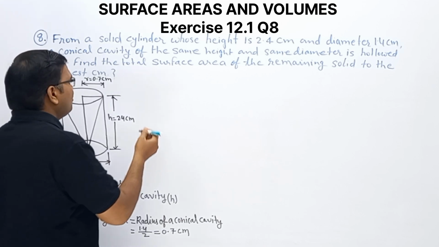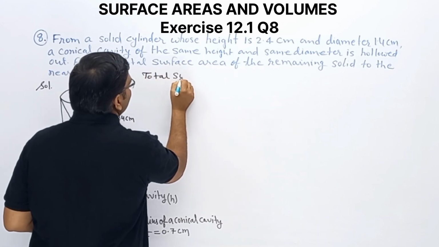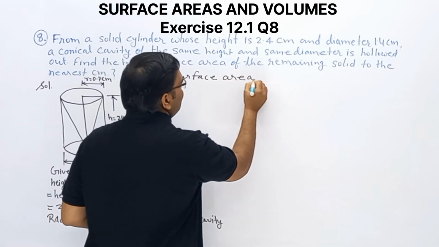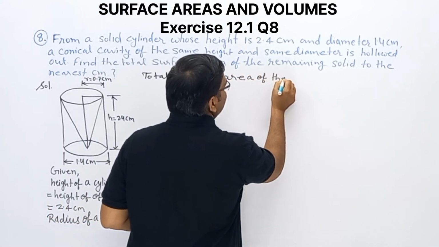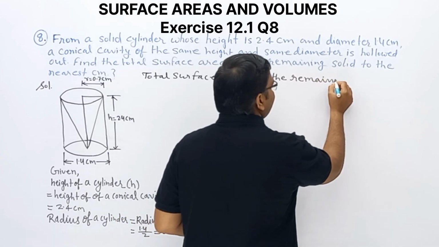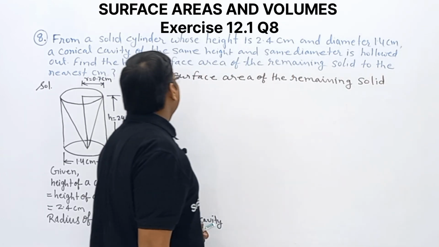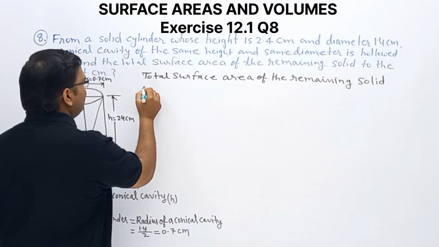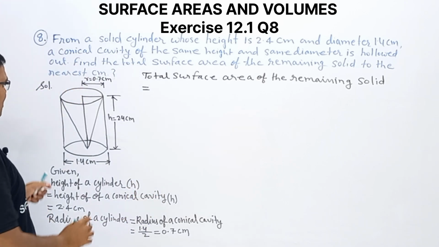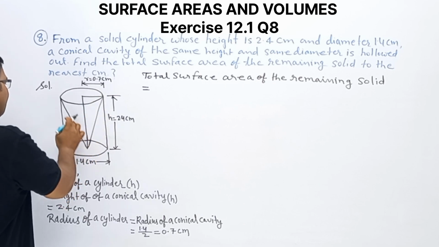So, what about the total surface area of the remaining solid? What solid do we have? We have it like this.